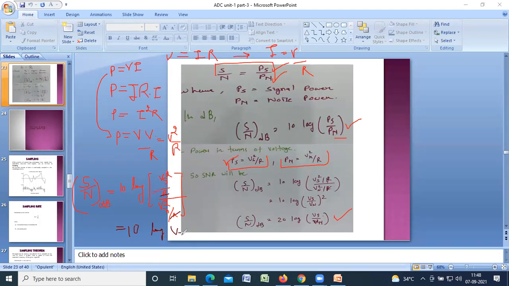VS square by VN square. And can we write like this? हाँ जी, ऐसे लिख सकते हैं इसे? होल स्क्वायर.